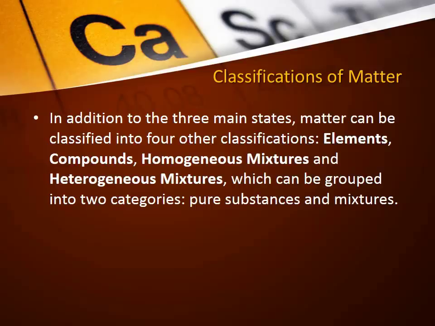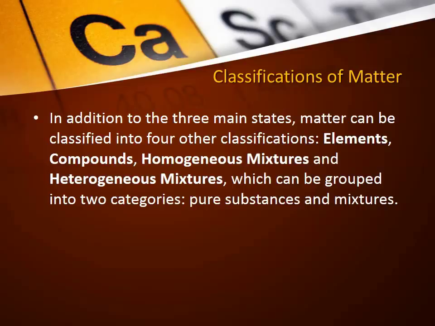In addition to our three main states of matter, which again are solids, liquids, and gases, matter can be classified into four other classifications: elements, compounds, homogeneous mixtures, and heterogeneous mixtures. These can be grouped into two categories: pure substances and mixtures.